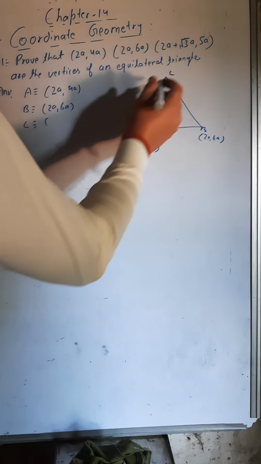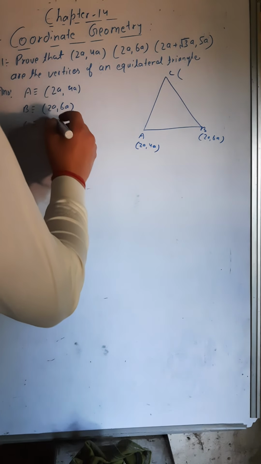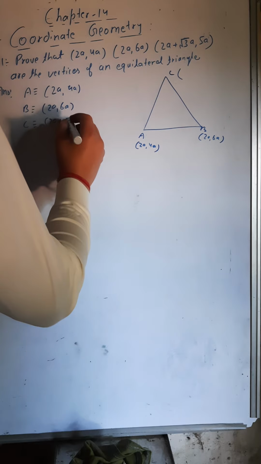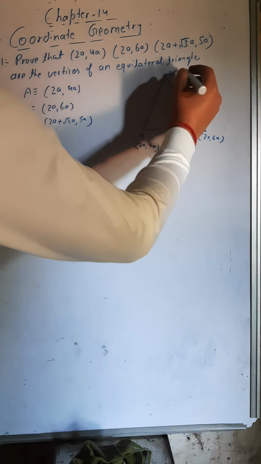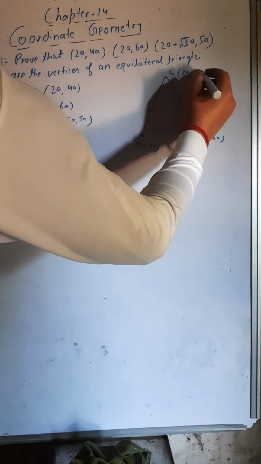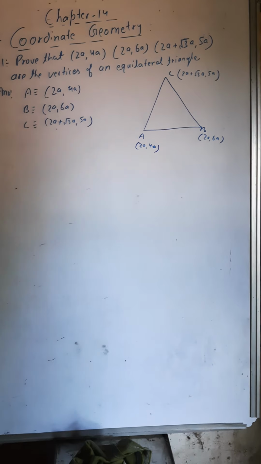Then point C, you take it as (2a + √3a, 5a). So these are your 3 points.